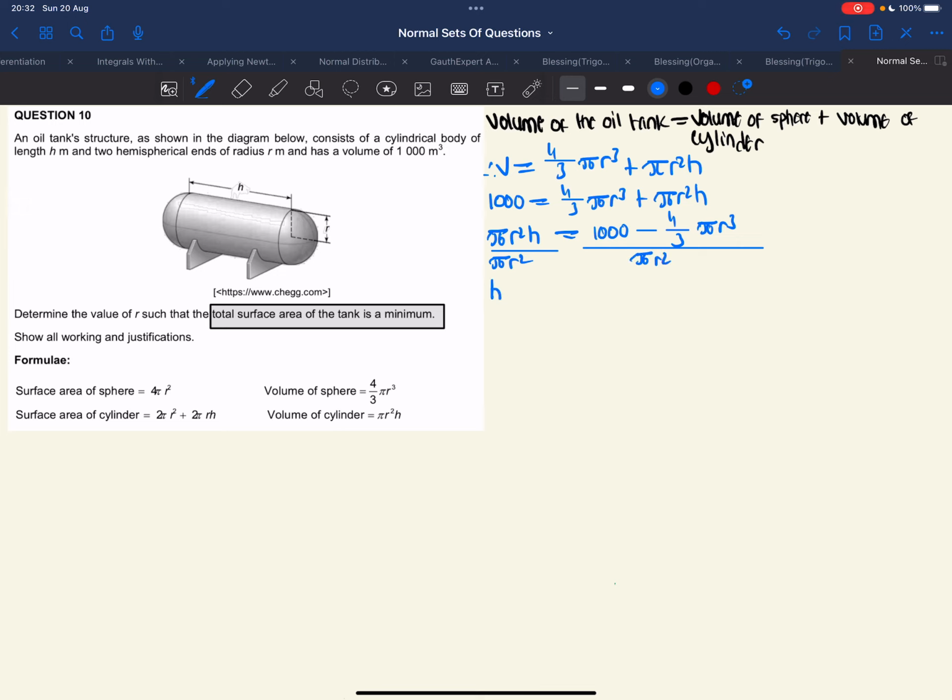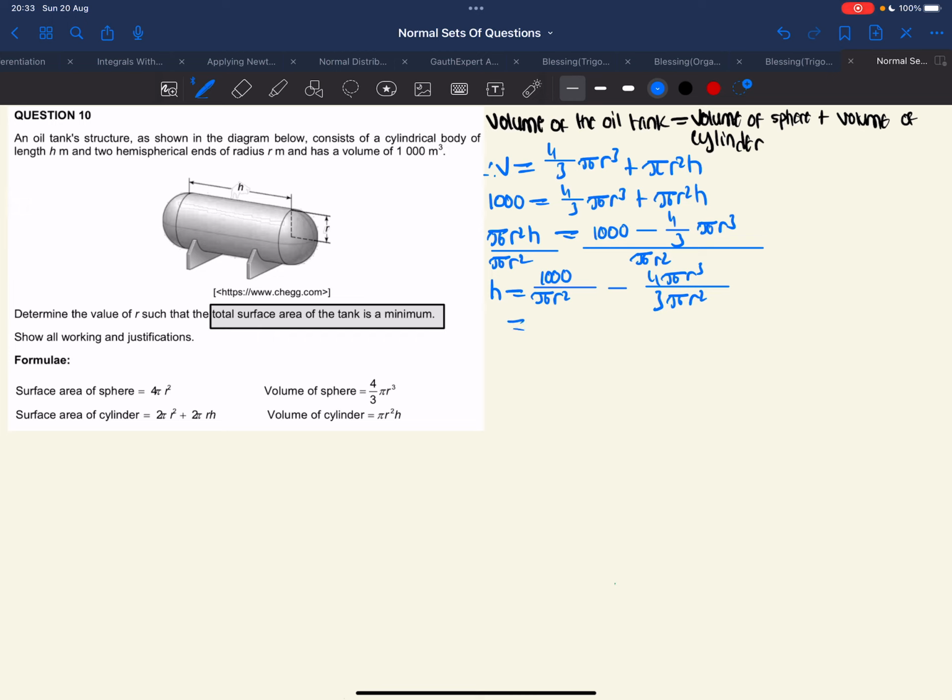If you do that, you're going to have h equals 1000 over pi r squared minus 4 pi r to the third over 3 pi r squared.